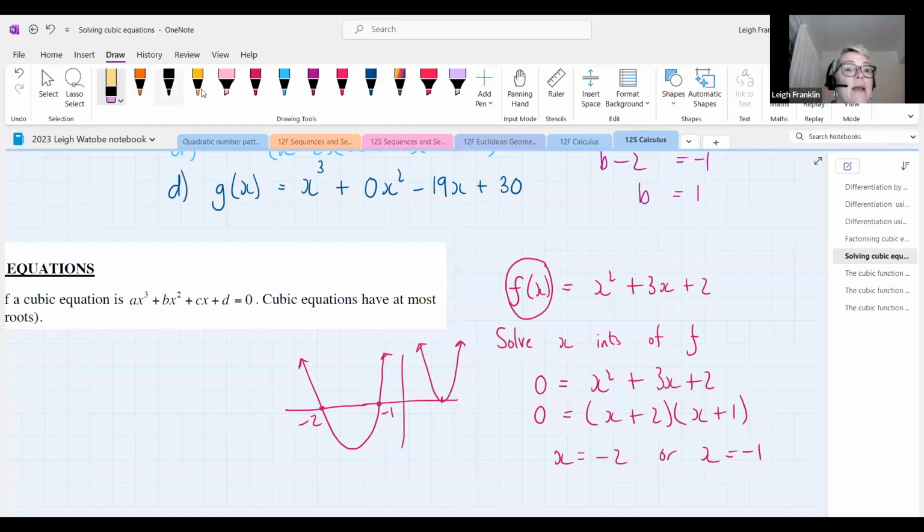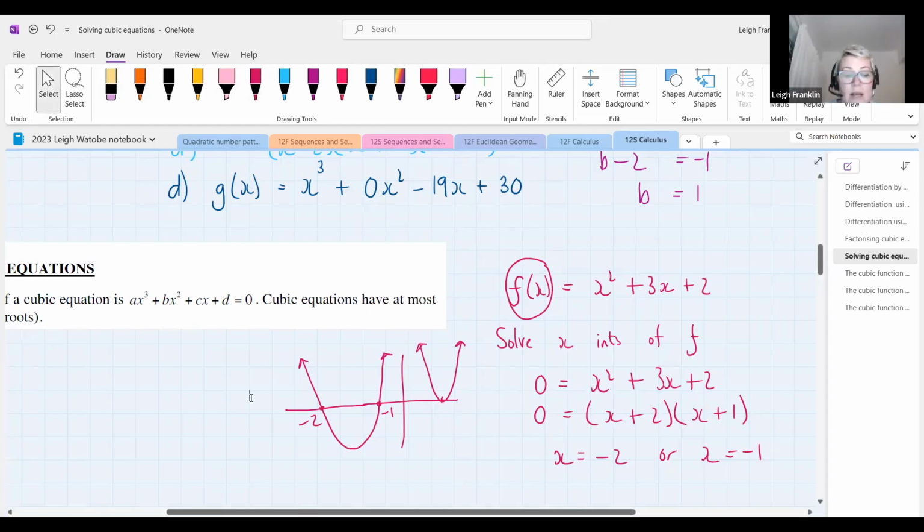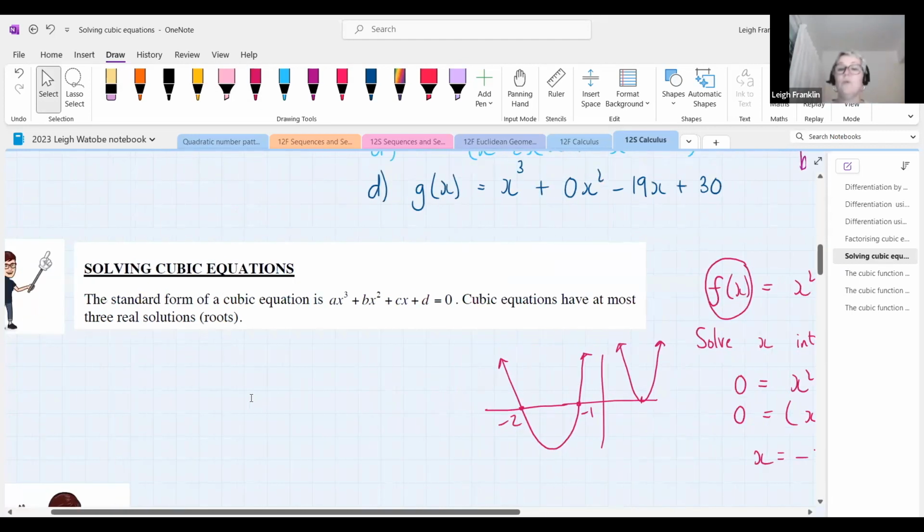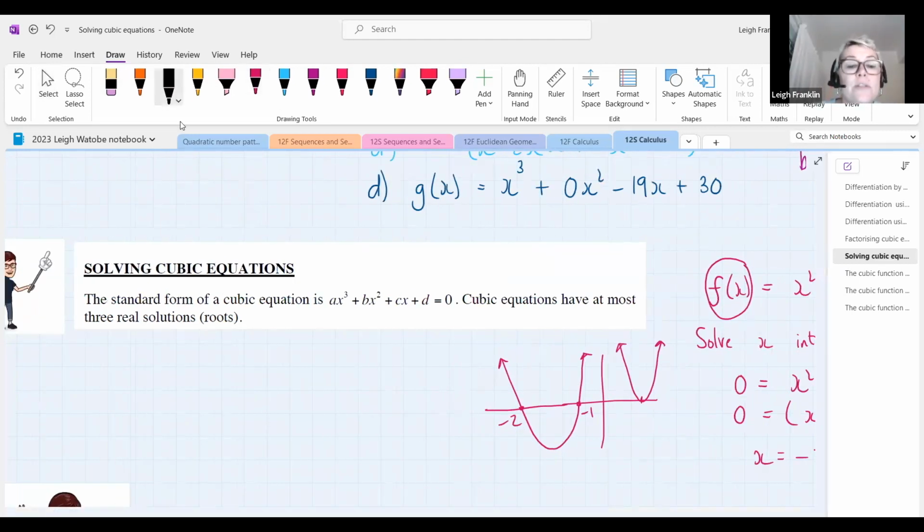So let's say we had a cubic equation. Sorry, as I say, I haven't got my mouse. A cubic function looks like this. If that's our set of axes, a cubic function is shaped like this.